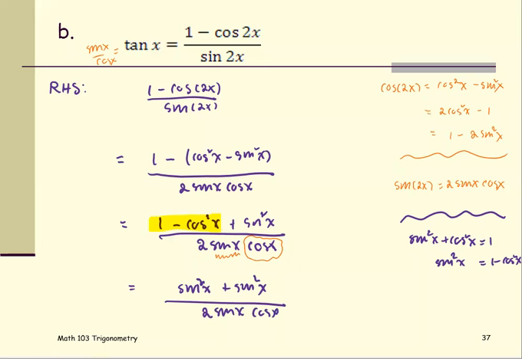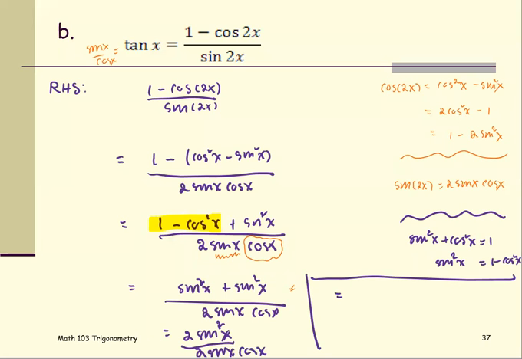The numerator tells us we have twice the same quantity, or like terms. So we can rewrite it as 2 times sine square x divided by 2 times sine x times cosine x.